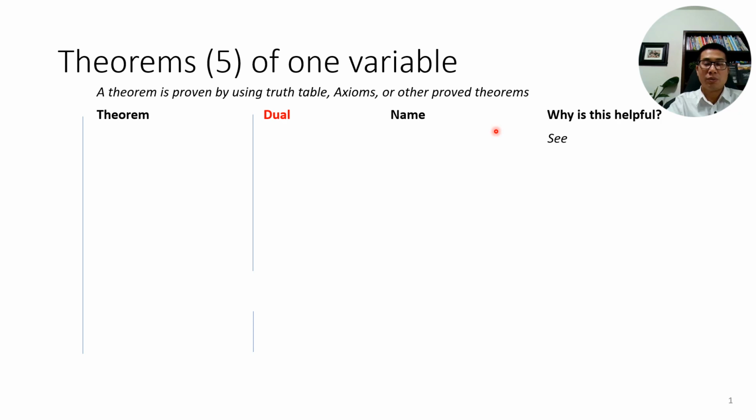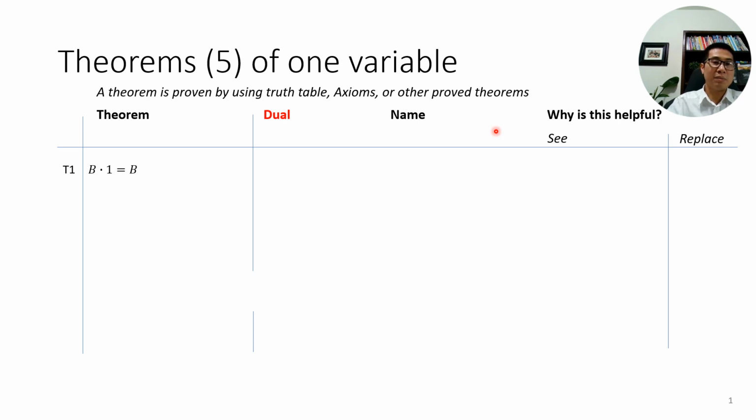In order to tell whether it is useful or not, we'll give some examples. If you see some complicated circuit, then using the corresponding theorem, we can replace that complicated circuit with a much simpler one.